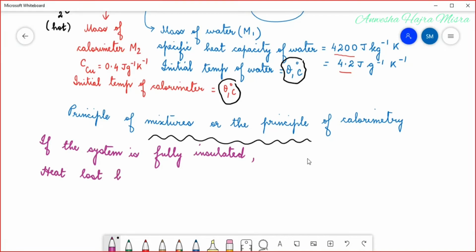The heat lost by the body is equal to heat gained by water plus calorimeter.